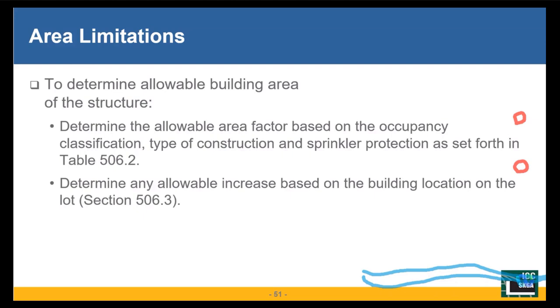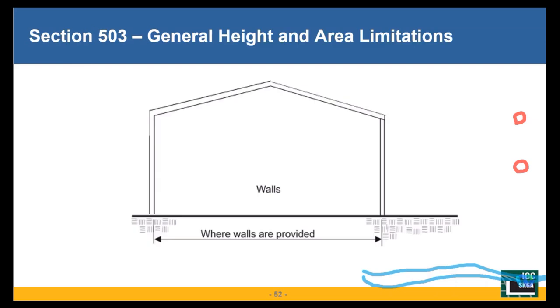The rationale behind that, again, if the building is located in the center of the lot with vast distances separating it from the property line or other buildings, the code will allow you an increase in the allowable area factor that you picked, or the pure number that you picked from the table. That's called the frontage increase. So we'll see a graphic presentation of that shortly.